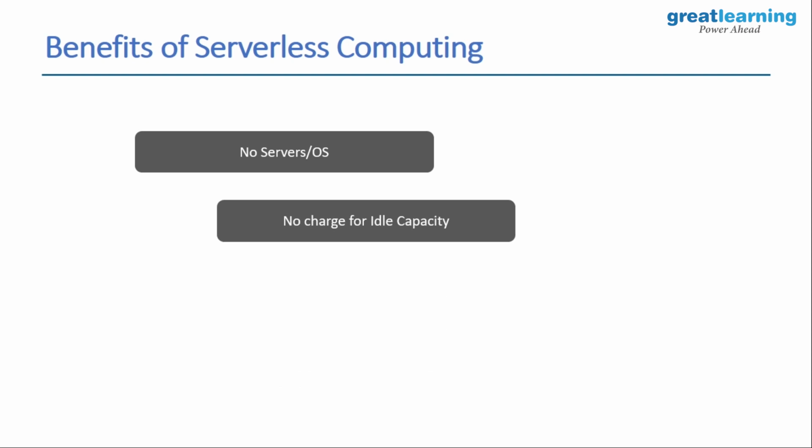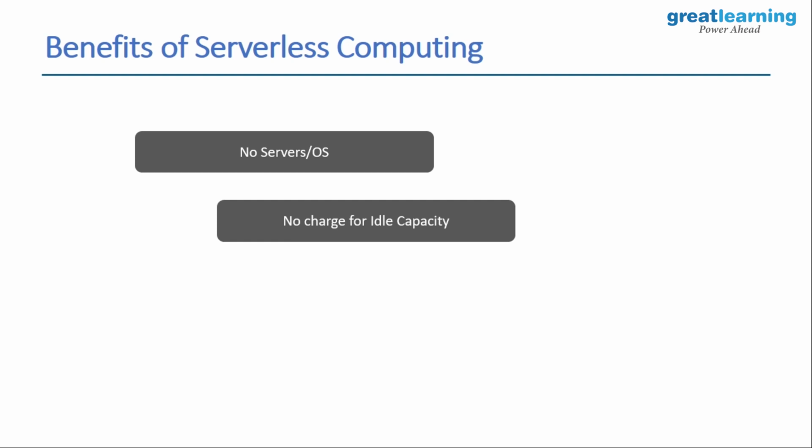When you say you're not charged for idle capacity, try and understand how these serverless computing resources work, okay? These resources work for a very short duration. Each time you put in a piece of code and run it, only then the resource would run, and you'd be charged only for that minor little duration, okay?